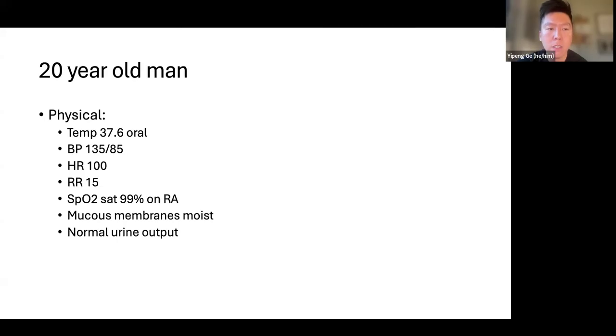What sticks out on this physical is quite honestly not much, except for the heart rate being elevated with tachycardia. One thing that I didn't put here is a digital rectal exam. Because of the history of blood in the stools, certainly that would prompt a digital rectal exam in this case.